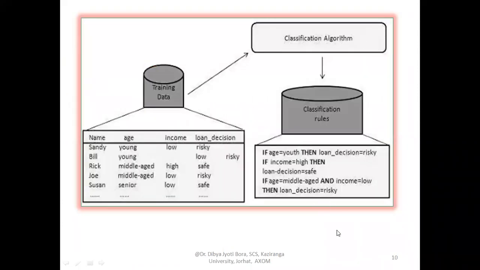Now, look at this figure. In this figure, you will see the training data set: name, age, income, loan decision. Can anybody tell me what these name, age, income, and loan decision signify in that training data set?